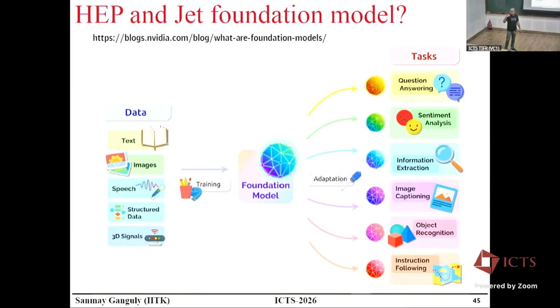And then, depending on your necessity, the task, you try retraining the model a little bit with a given piece of data and perform your task with a better amount of accuracy. So this was done for the large language model. And people ask, can that be done for high energy physics as well, as jets in particular.